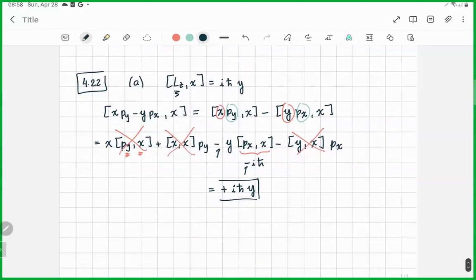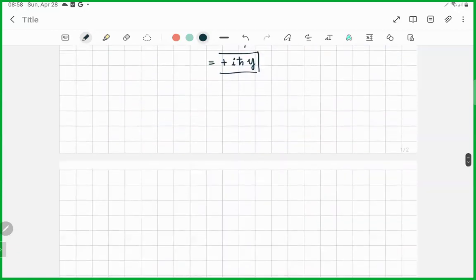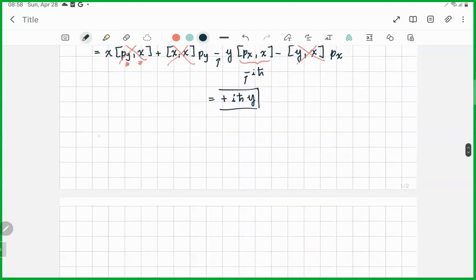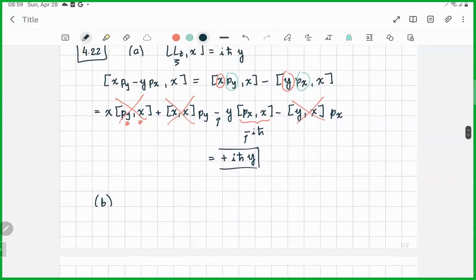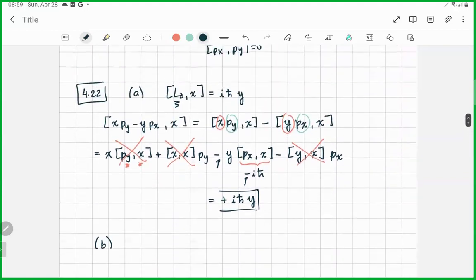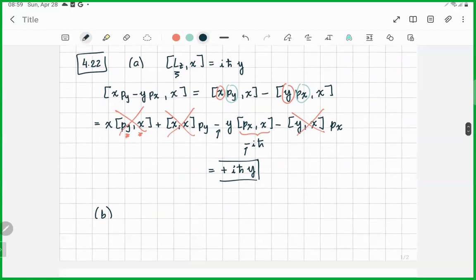Now, let's have a look at part B of this problem. Part B is now that we know the commutator between Lz and all these other operators, x, p_x, y, p_y, and so on, show that Lz with the angular momentum in the x direction gives us i h bar Ly.